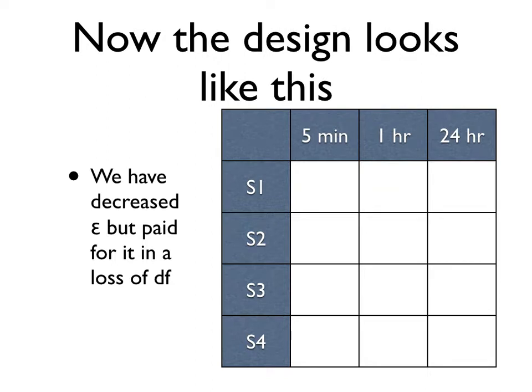But when you split this off, it takes some degrees of freedom away from error. If you take some variance away, it has to go somewhere. It takes along its degrees of freedom. So now we have fewer degrees of freedom for our error term. Does that make sense?